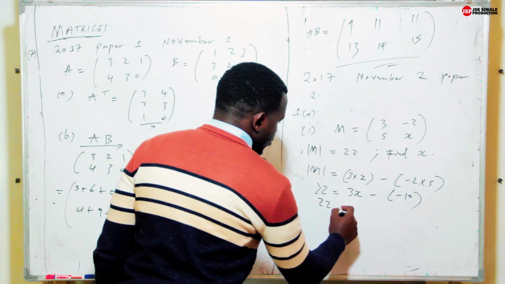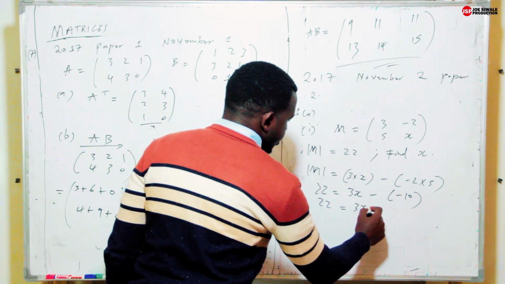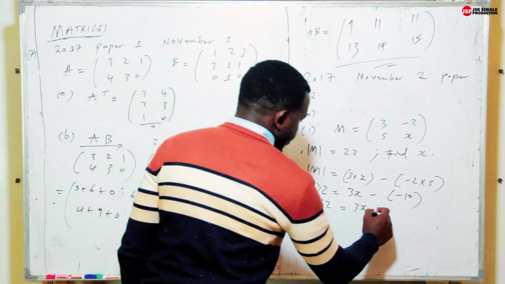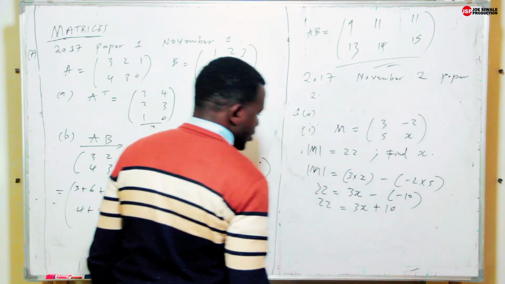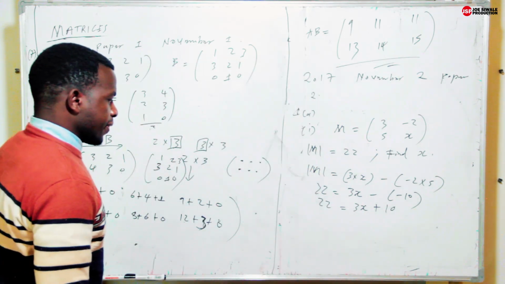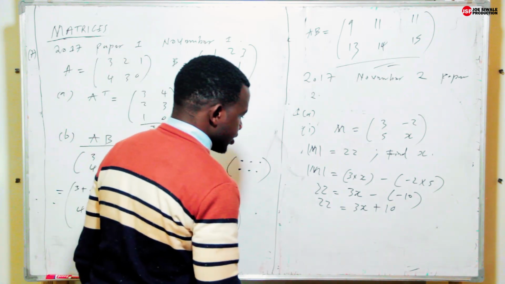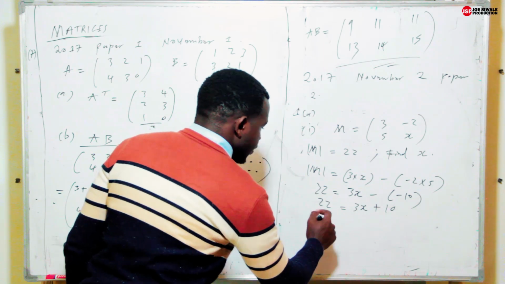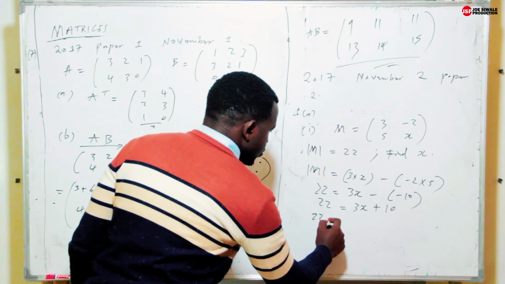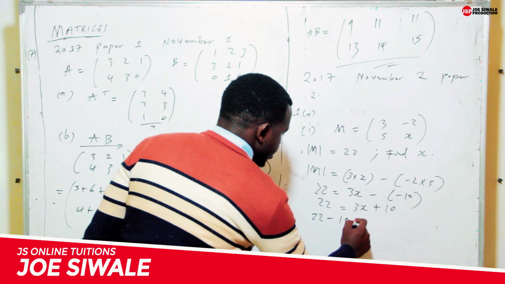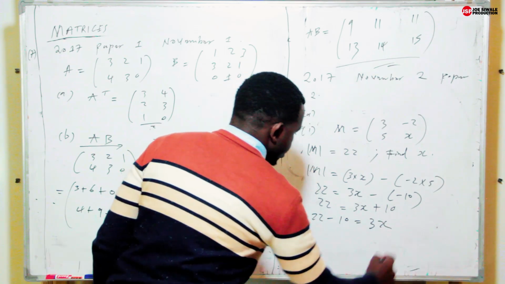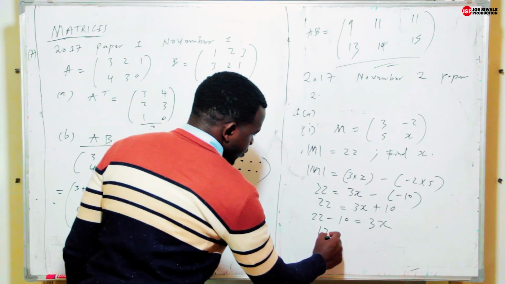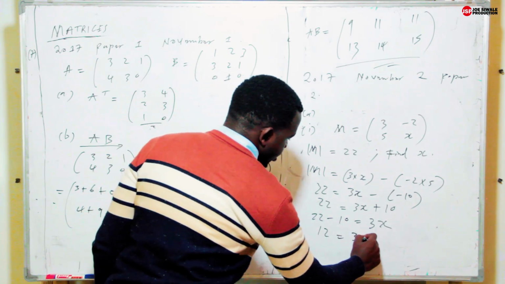So 22 is equal to 3x. Negative multiplied by negative, we're going to have plus 10. So our 10 can go to the other side of the equation, and we're going to have 22 minus 10 is equal to 3x. 22 minus 10, we're going to have 12 is equal to 3x.